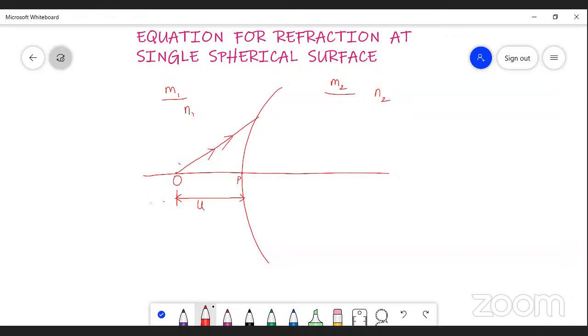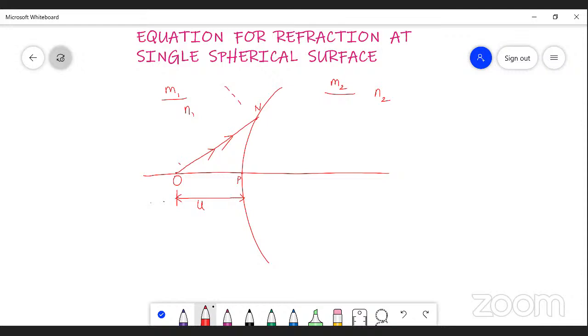This is the incident ray from the point object falling on the surface. This point is N. To find the angle of incidence, draw the normal to the surface. The normal line is perpendicular to the tangent to the surface.